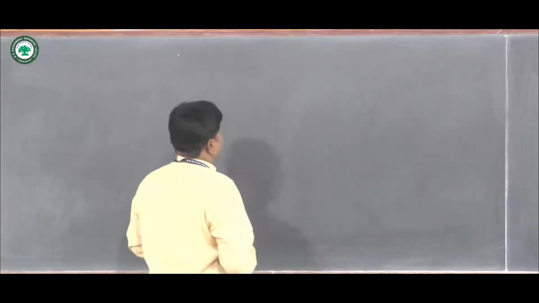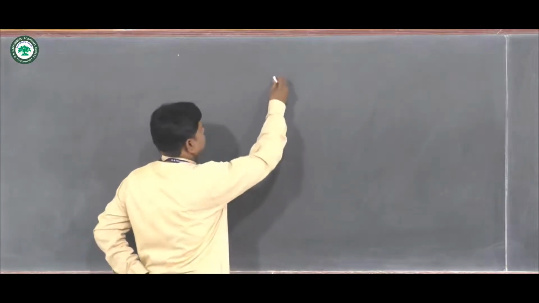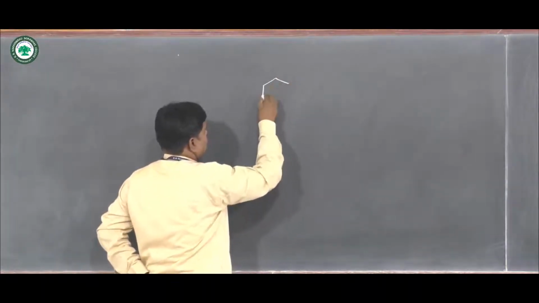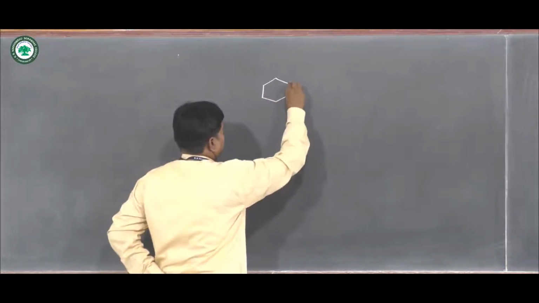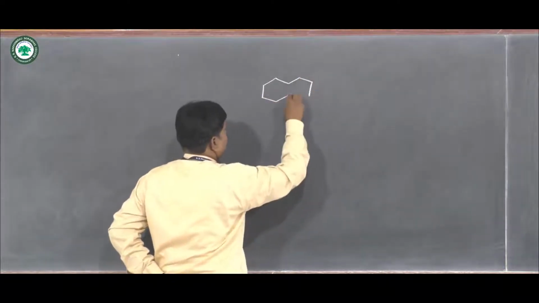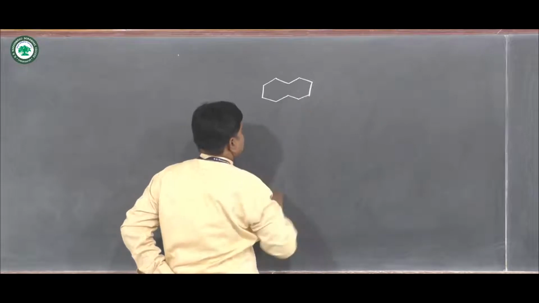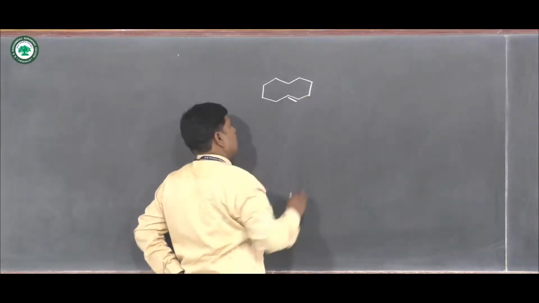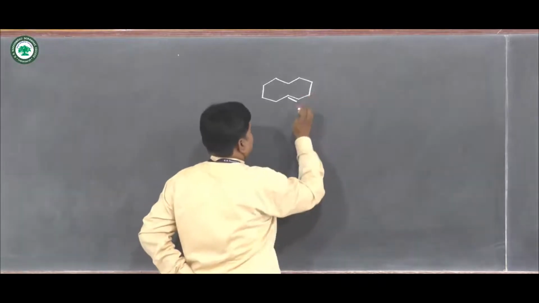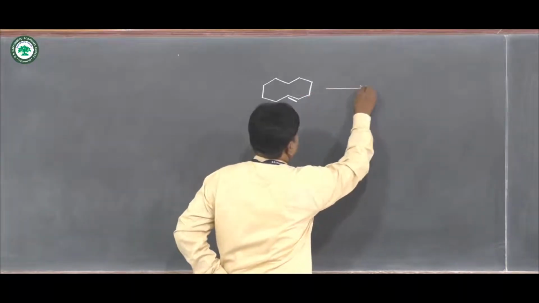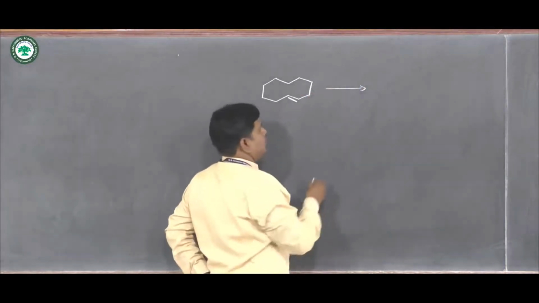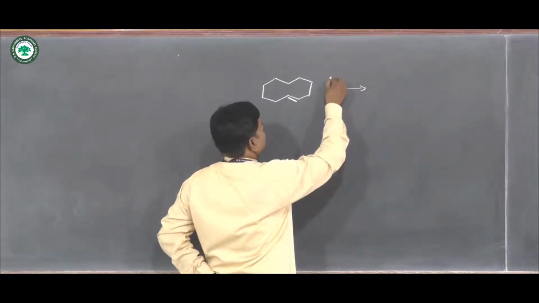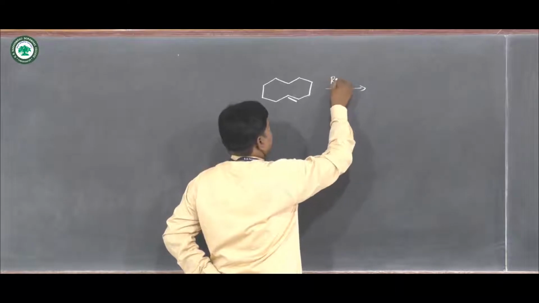Here suppose we have one example. This is a 10-membered ring system, and suppose we have a double bond at this position, and that starting material reacts with a per acid.